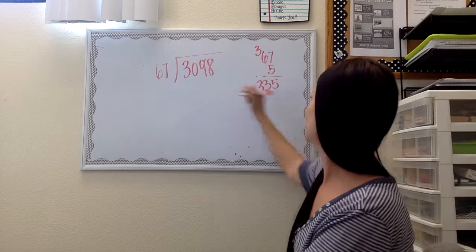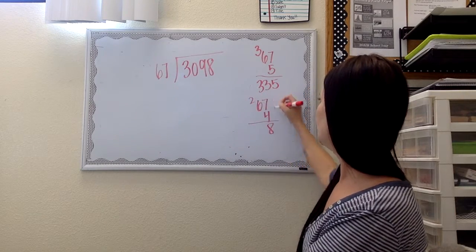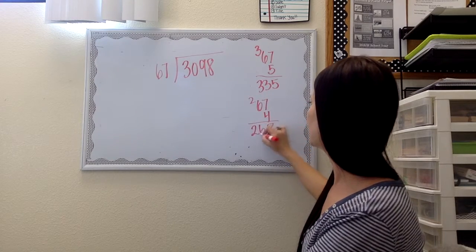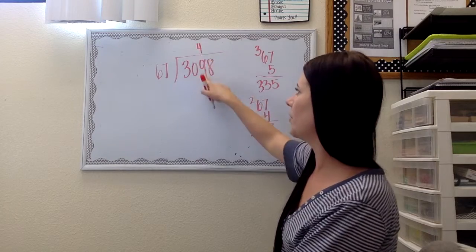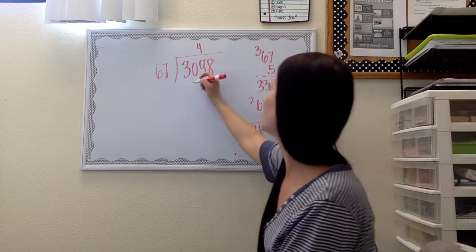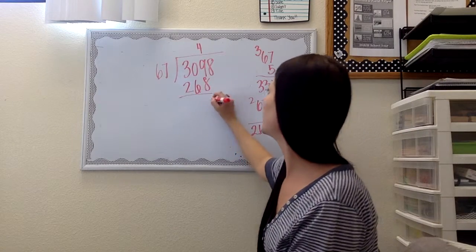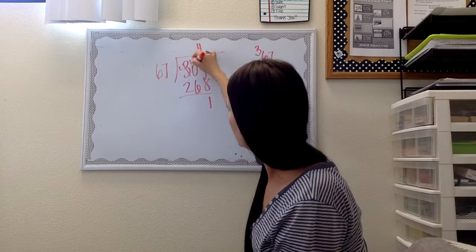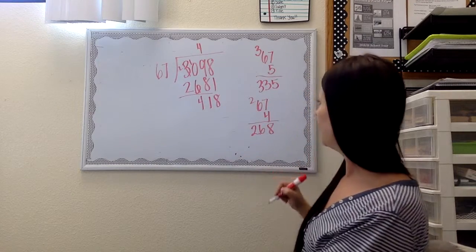I'm too big. So let's go back 1 and try 4. 8, 2, 24, 25, 26. Okay, perfect. So I'm going to do 4, and remember you put it over the last digit of the number you're working with. Bring in the math because you already did it over here, and then subtract, and bring down your next number.